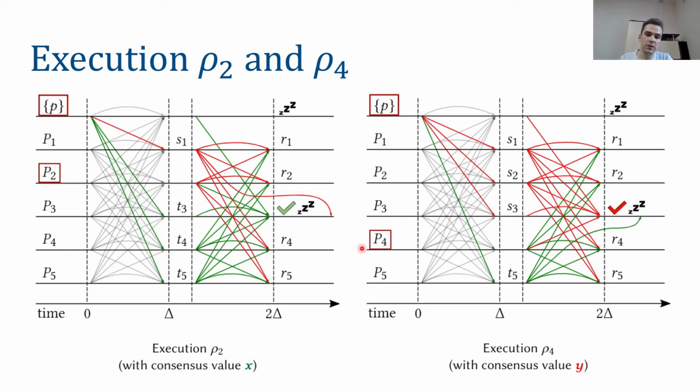Symmetrically, the Byzantine group P4 in execution row 4 acts in the same way as in execution row 2. They send green messages which are consistent with execution row 1. Hence, the two executions are indistinguishable for all correct processes except the processes in group P3 as long as they don't receive any messages from P3.